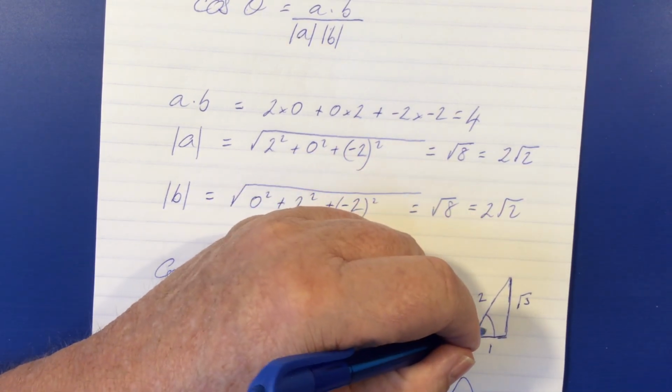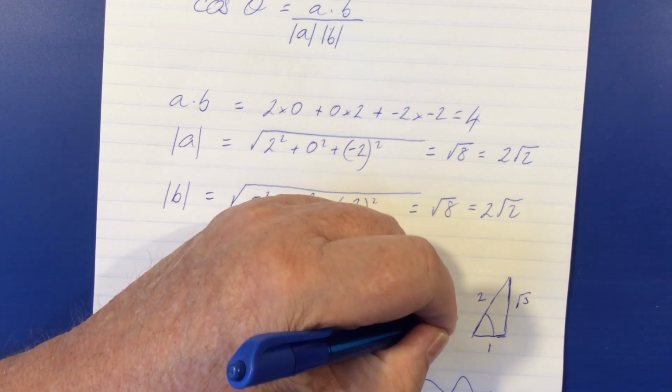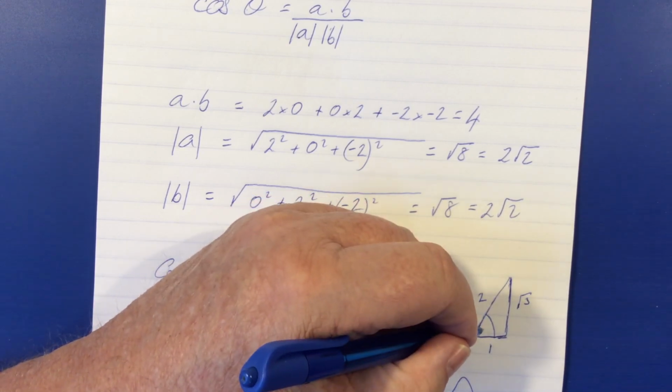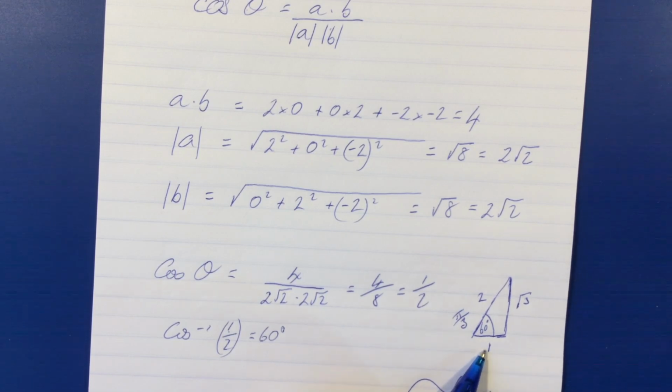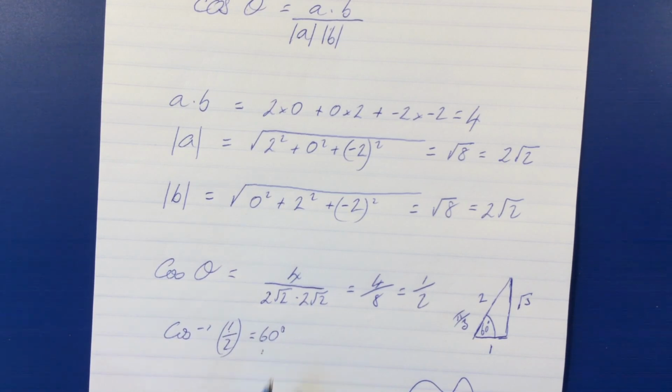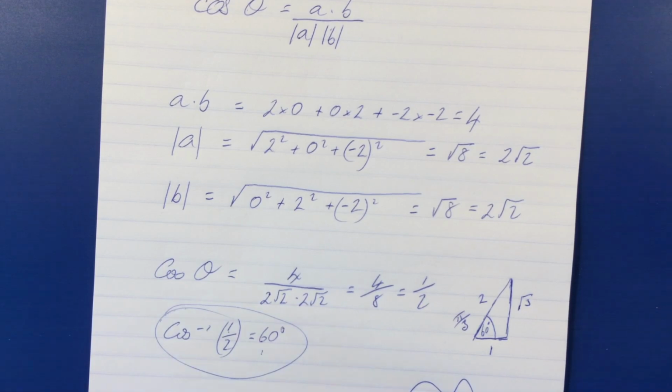And this is 60 degrees, or pi on 3. And we're looking for the cosine of 60 degrees, which is a half, and we can work backwards from this and get this result. Anyhow, the angle between these two vectors, as it turns out, is 60 degrees.